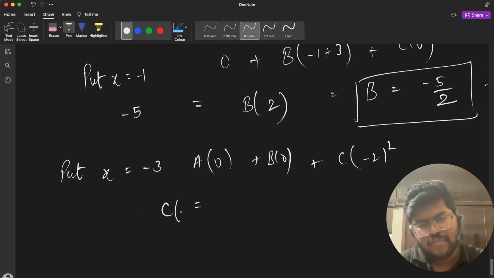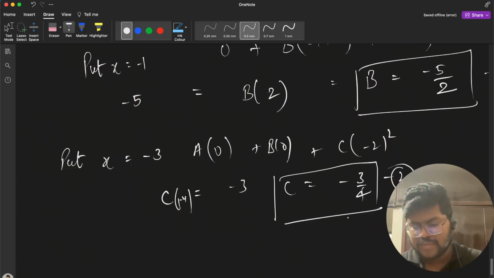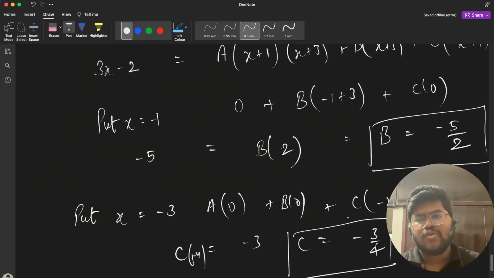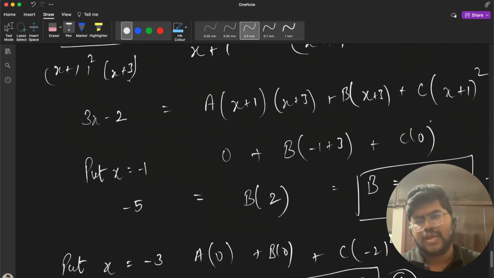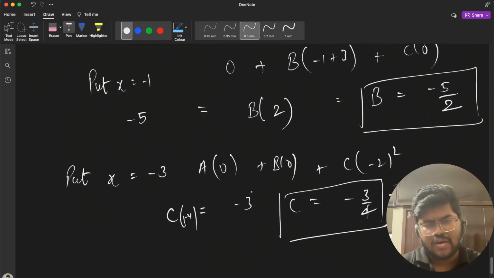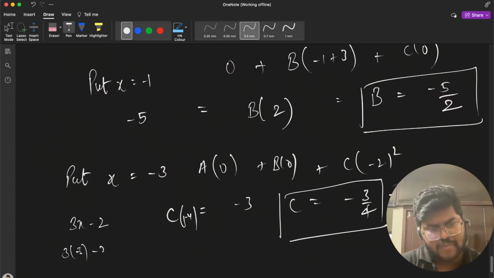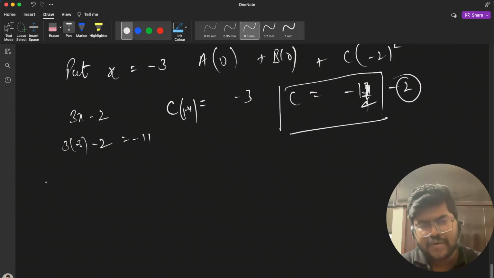So c times 4 equals minus 3... Oh wait, putting x equals minus 3, so 3 times minus 3 minus 2 is minus 11, and c times 4 is correct. So c equals minus 11 by 4.